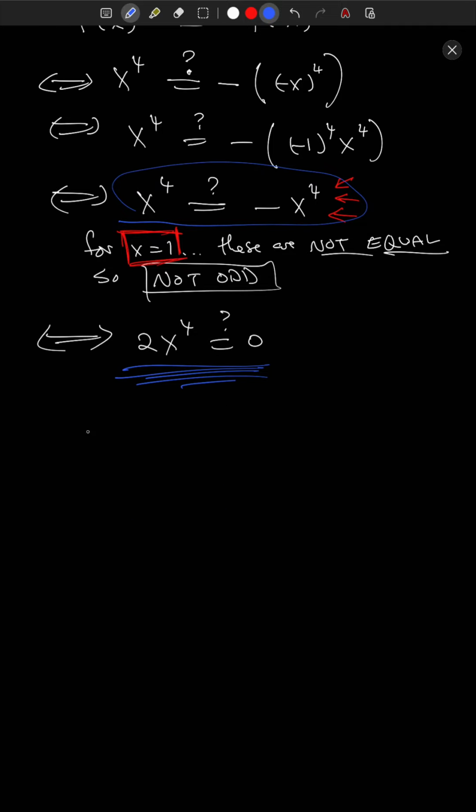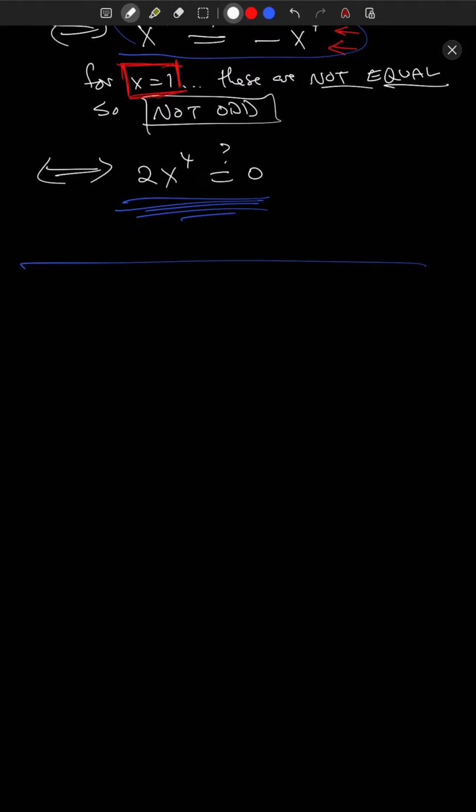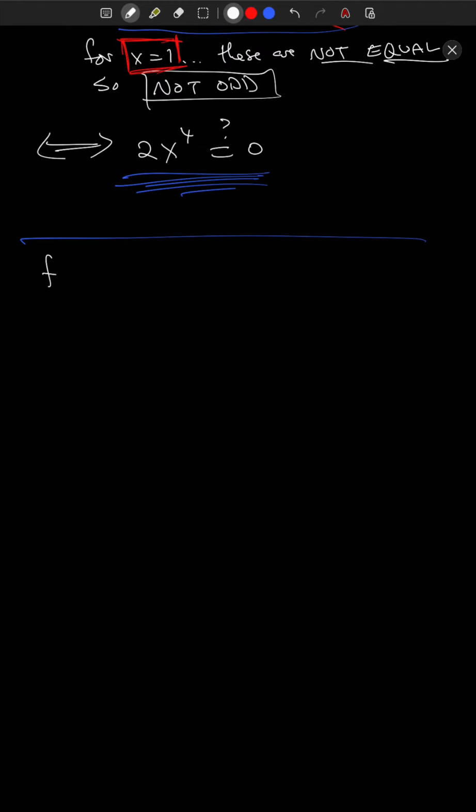All right. So let's do a few more examples. So let's look at f of x equals, let's say, 3x minus 2. All right. So let's ask, is this odd? Is this even? Is it neither? All right.